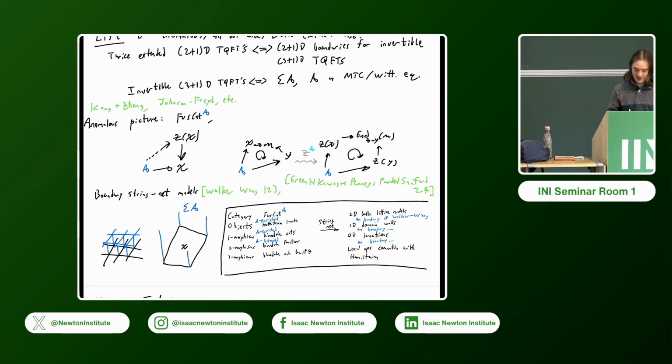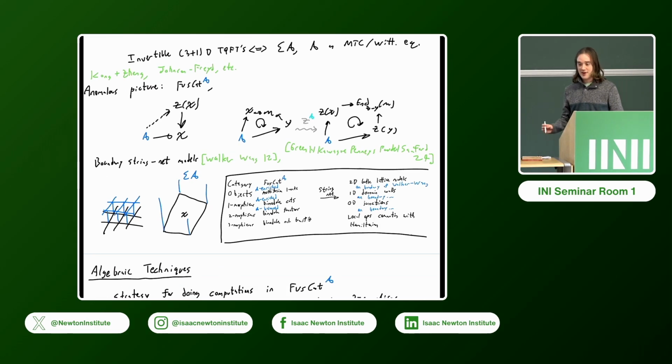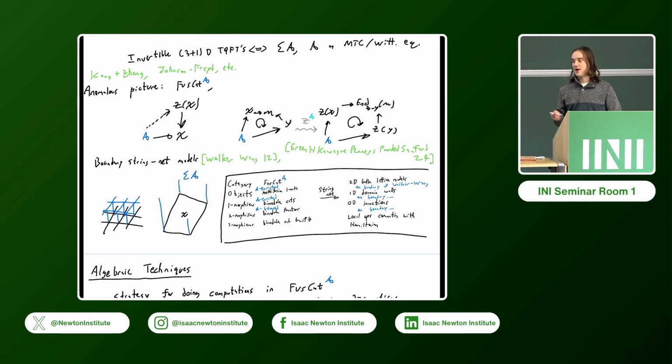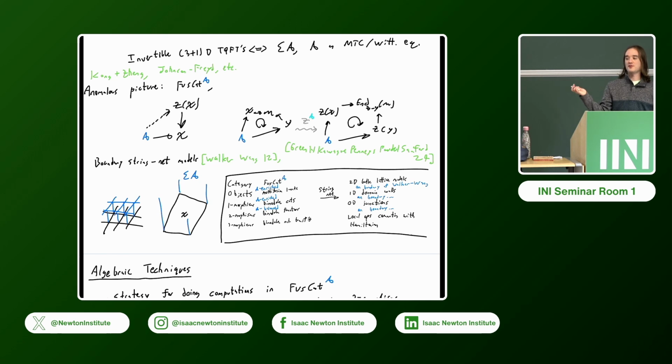And in StringNet model constructions, this corresponds to taking a certain 3D StringNet model associated to the modular tensor category A called Walker-Wang models, which models the invertible 3+1D bulk TQFT, and sewing one of these StringNets I've just been showing you onto the boundary.